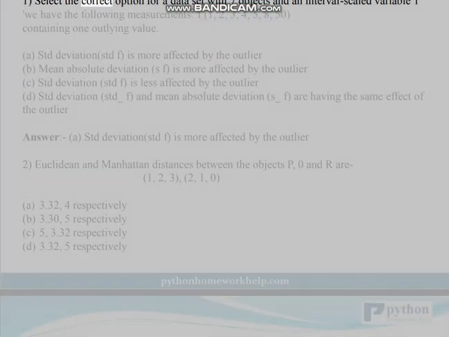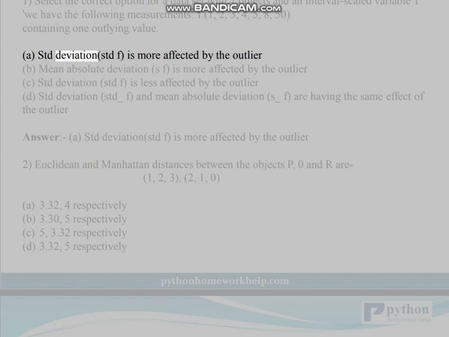1. Select the correct option for a data set with 7 objects and an interval-scaled variable f. We have the following measurements of f: 1, 2, 3, 4, 5, 8, 50, containing one outlying value. A. Standard deviation, STD_f, is more affected by the outlier.